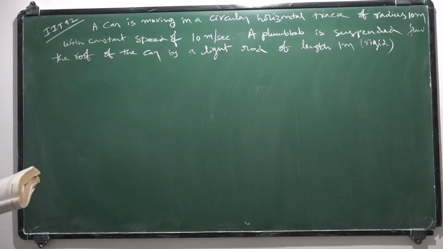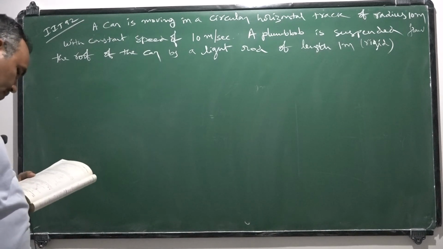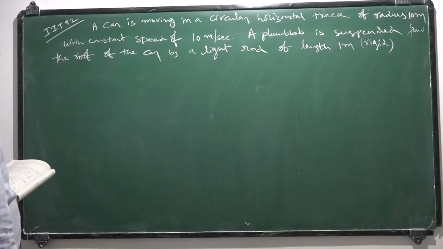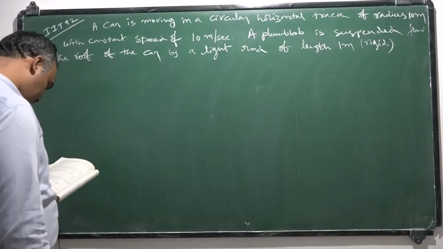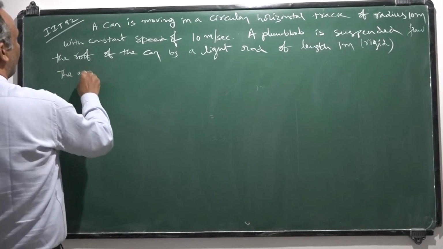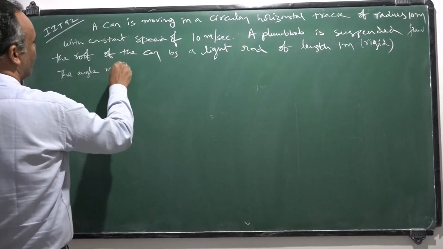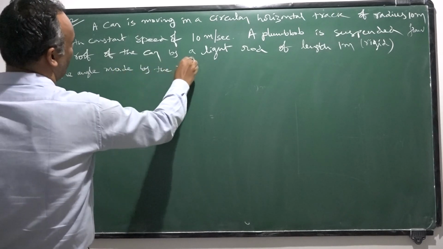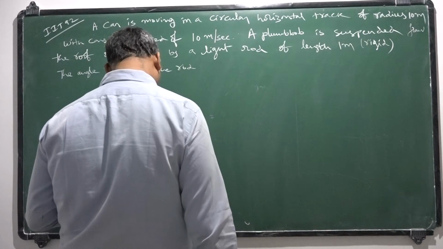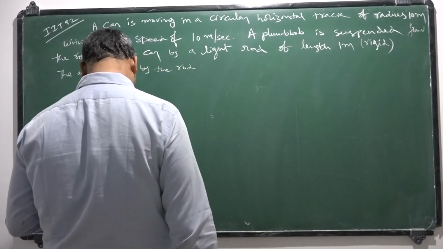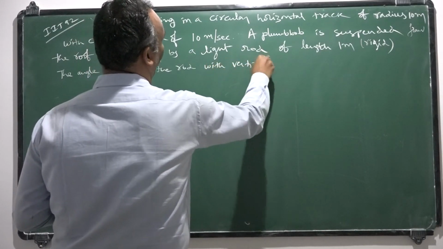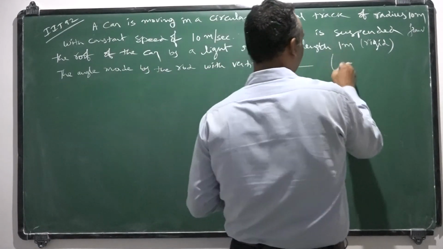The angle made by the rod with the vertical is dash.